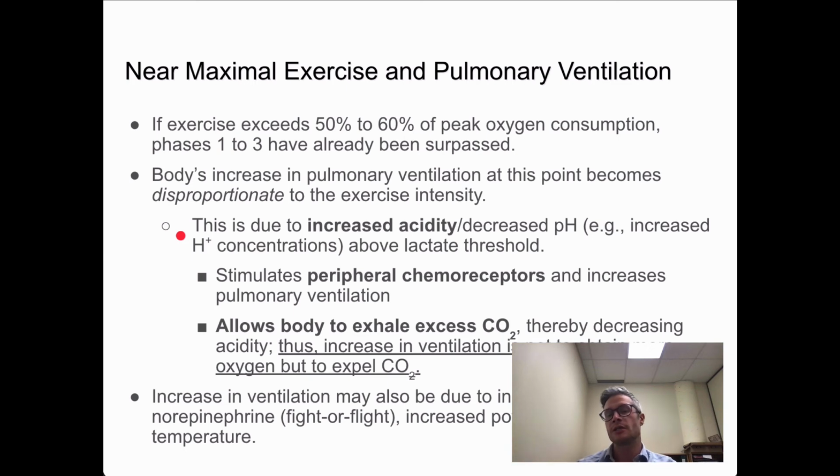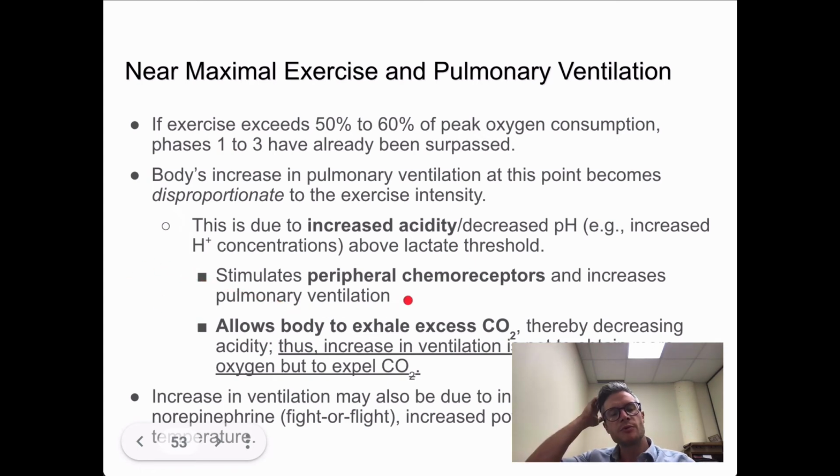Carbon dioxide does a similar thing, but we have these metabolic byproducts that create a lower pH, or an increased acidity, once we get above our lactate threshold, which for some is around this point, but for others it's a little higher, for trained individuals.